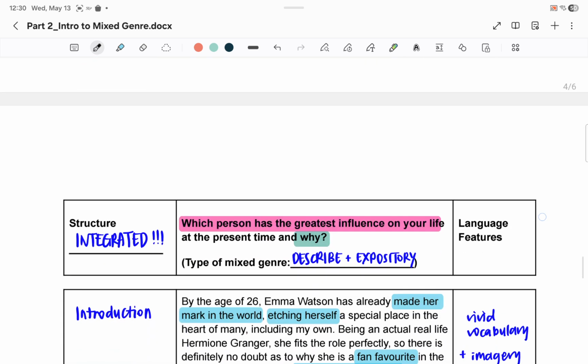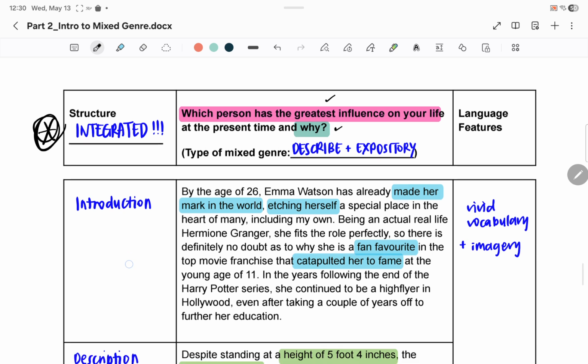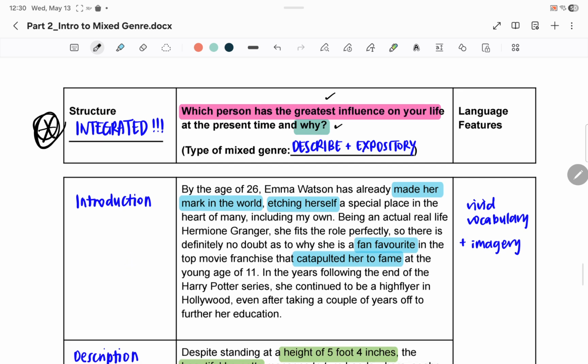The third example is where an integrated approach is being used. So please note down, this is different. Integrated approach means that for each body paragraph, you write both the descriptive component and the expository component. So the introduction looks like this, but for your body paragraph, you have both components together, so that the whole essay is like one.